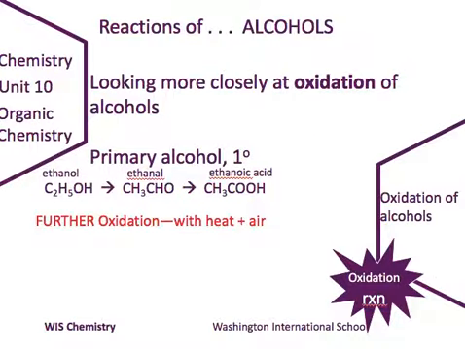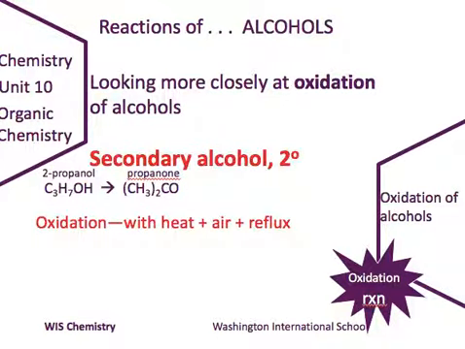If we look more closely, if it's a primary alcohol, where the OH is attached to a carbon atom that is attached to one other carbon atom, you get ethanal and ethanoic acid.